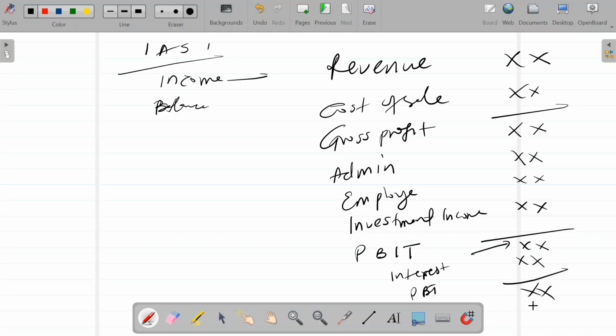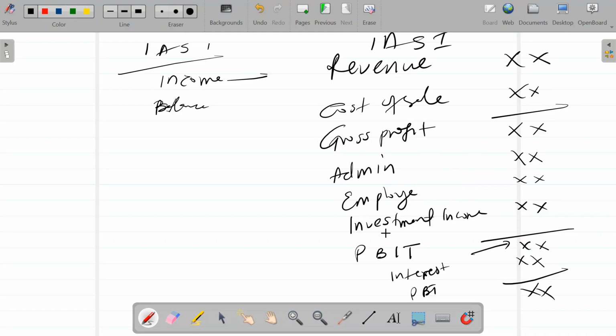Why have you included investment income as part of the expense? Yeah, so like I was saying, IAS 1 does not have a format when it comes to preparing the income statement. So companies are at liberty to mix them.